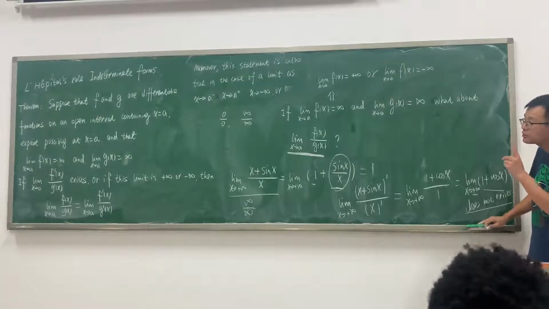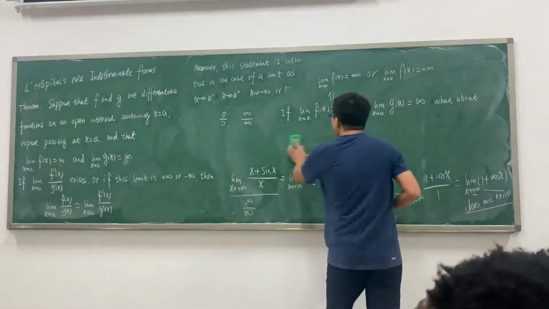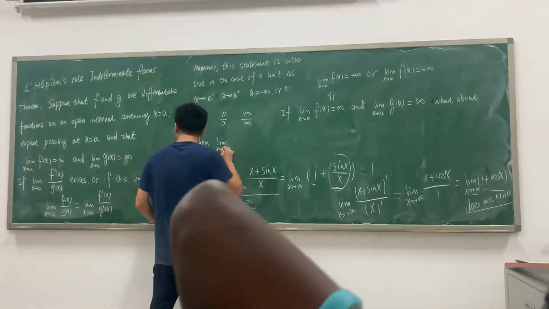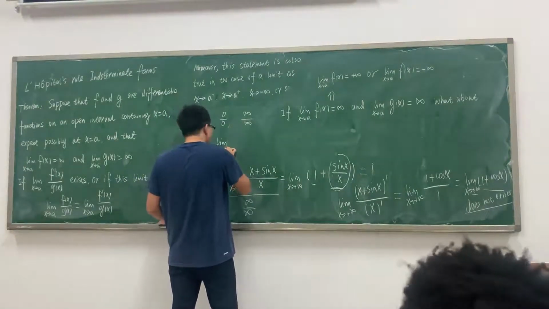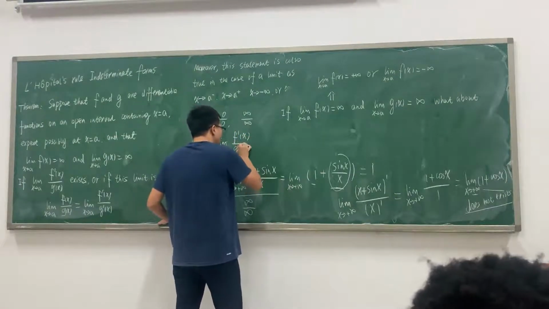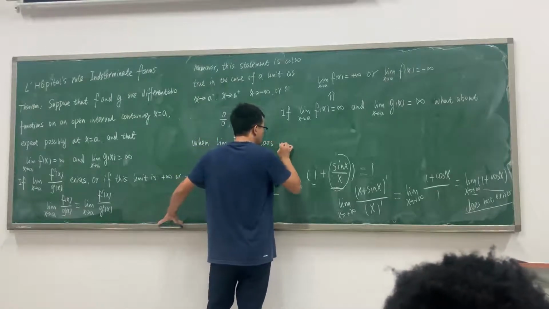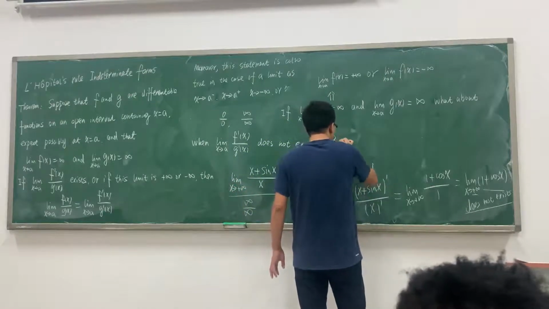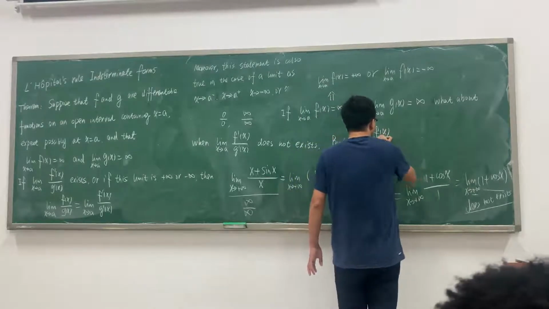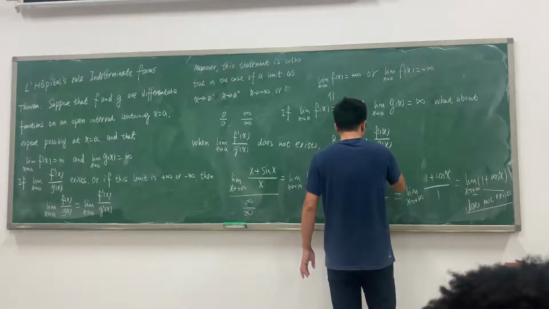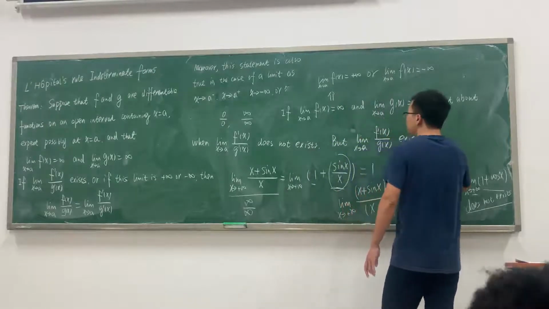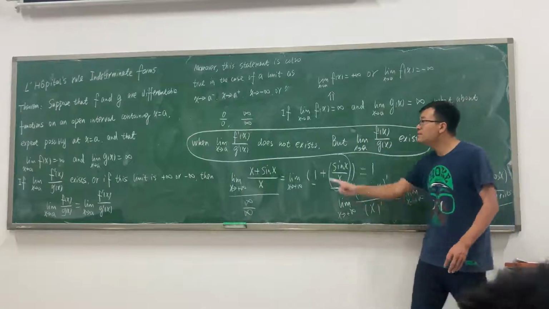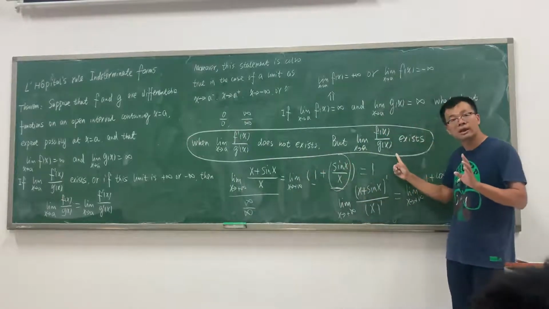So this example tells us that when the limit of f prime by g prime does not exist, the limit of f by g can still exist.